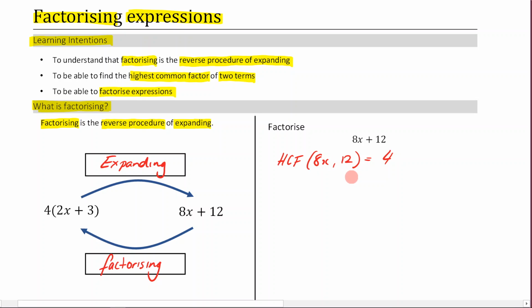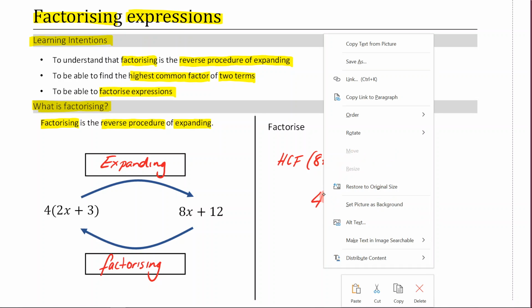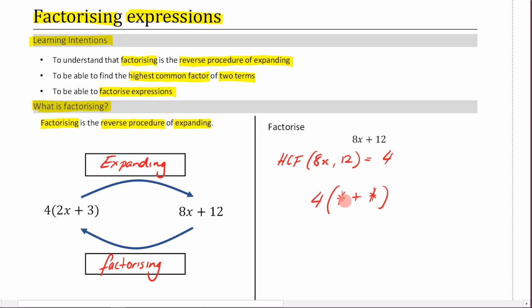Okay, so now what we're going to do is pull that 4 out the front, and we're going to have brackets, and something plus something else inside the brackets. So now the question is, 4 times what is going to give me 8x? Well, 4 times 2x is going to give me 8x.